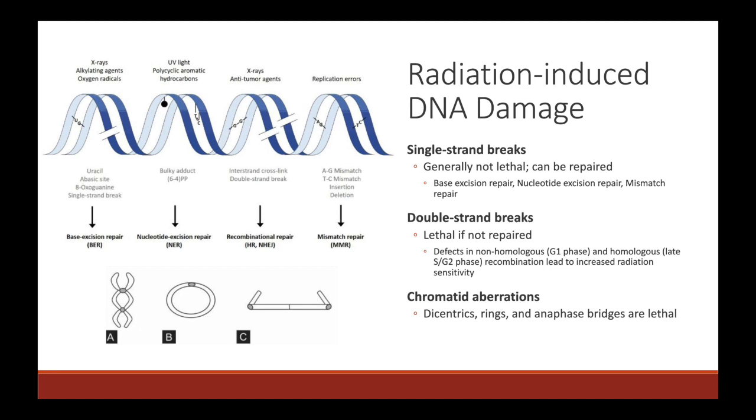Another type of damage that could occur is chromatid aberrations, which are also lethal. So just to be aware of, different types of DNA damage may or may not be repaired. It's really the damage that is lethal, such as the double-stranded breaks, that we are interested in causing because this is what will lead to cancer cell death.